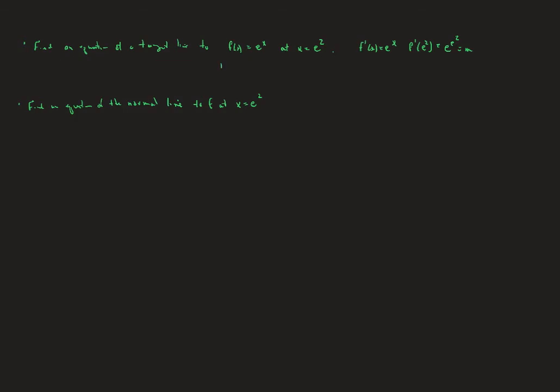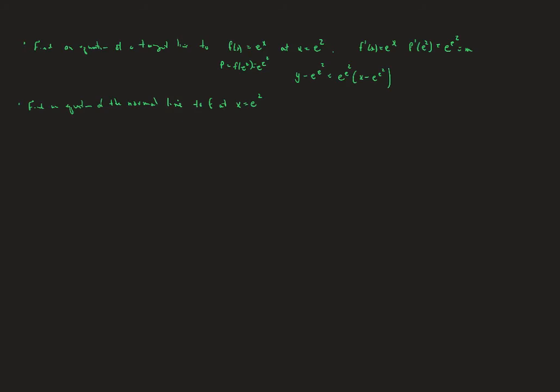And our point, when we plug in f of e squared, we get this weird e to the second. So our tangent line is going to be y minus our y coordinate, which was e to the second, is equal to our slope, e to the second, times x minus e to the second. Well, granted, that was pretty weird.